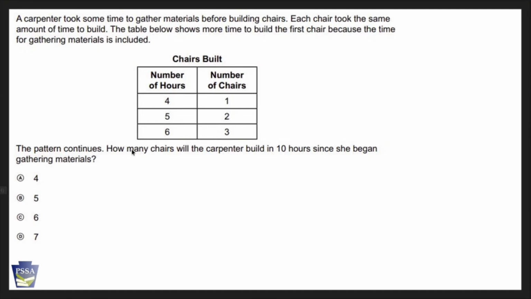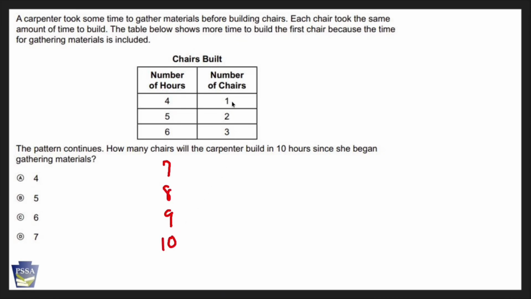The pattern continues. How many chairs will the carpenter build in 10 hours since she began gathering materials? So, all right, let's keep going with the pattern on the left. The number of hours is 4, 5, 6, and we need to make it to 10. So 7, 8, 9, 10.